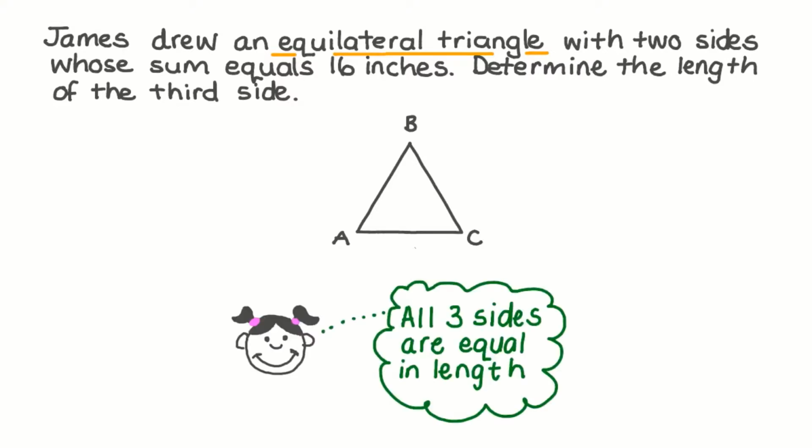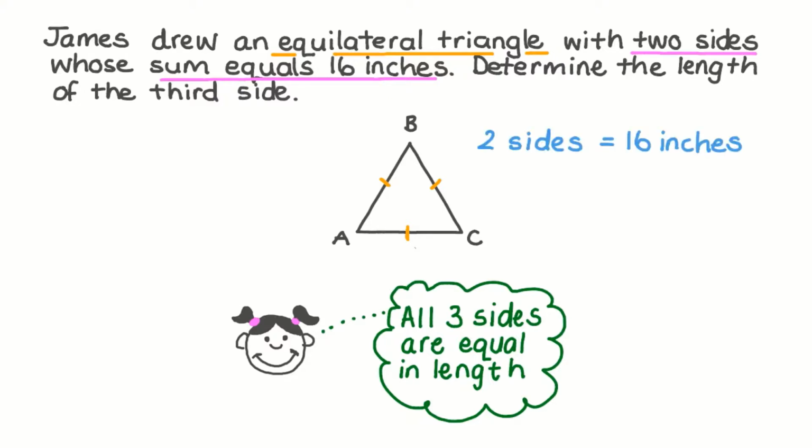We know that equilaterals have 3 sides equal in length. We're not given the length of any of the sides, but we are told that the sum of 2 sides equals 16 inches. The sum is the total we get when we add 2 of the sides together.